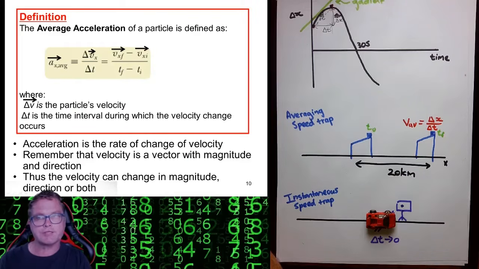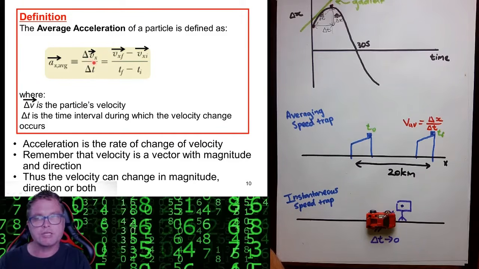We move on now to take a look at the definition of acceleration, and as with velocity, we're going to have average acceleration as well as instantaneous acceleration. Well, acceleration of a particle is defined as acceleration. It's a vector, once again, in the x direction. The average is defined as the change in the particle's velocity divided by time.